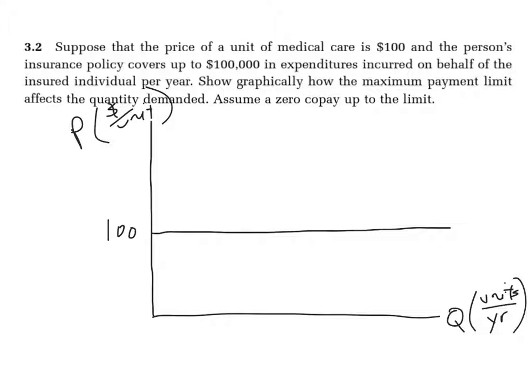And there's one more given piece of information: the insurance policy covers up to $100,000 of payments on healthcare services per year. So there's going to be a threshold when we get to 1,000 units, we will have exhausted our insurance coverage, and then we're on the hook for everything out of our own pocket.